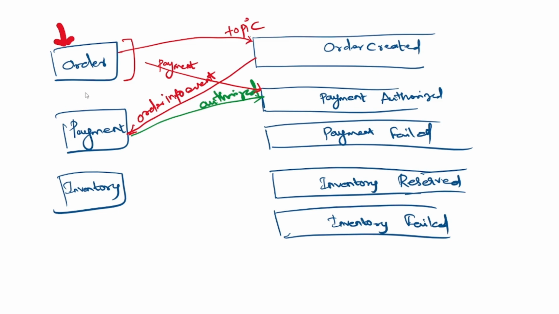In case of a payment failure, the failed transaction's payment details are published in the payment failed topic. Order service is a consumer of this topic and is notified of the failure of the transaction, and the order information is updated in the database.